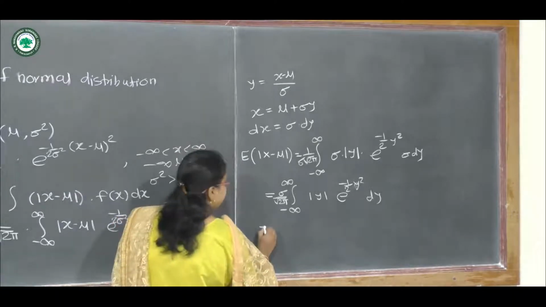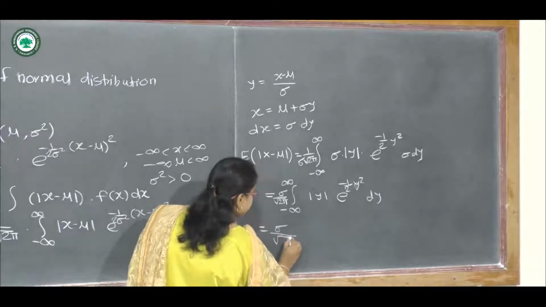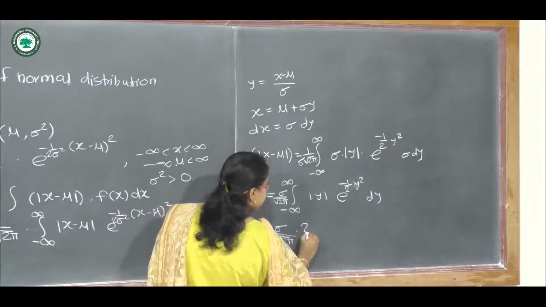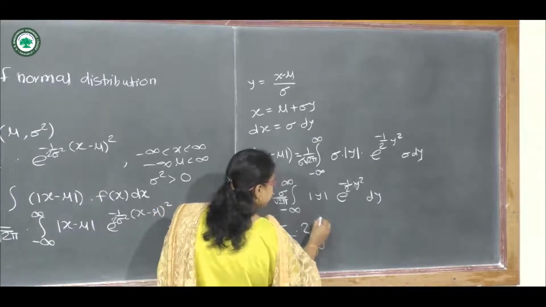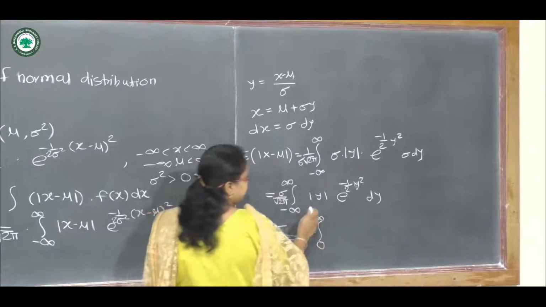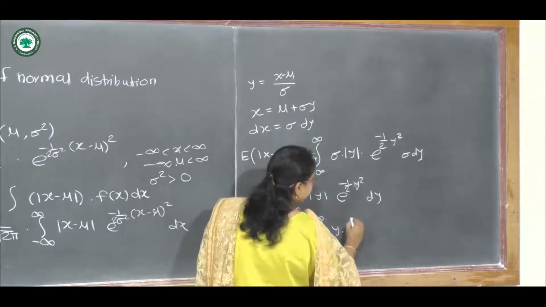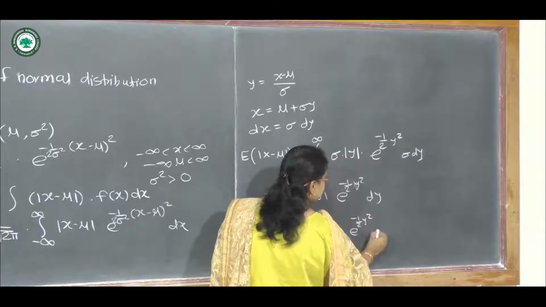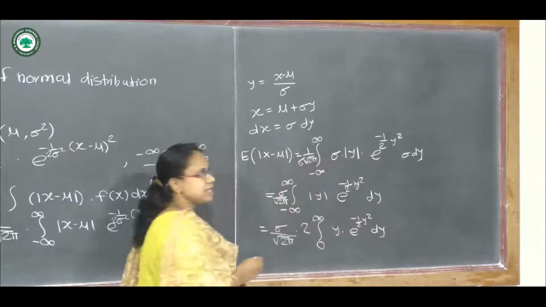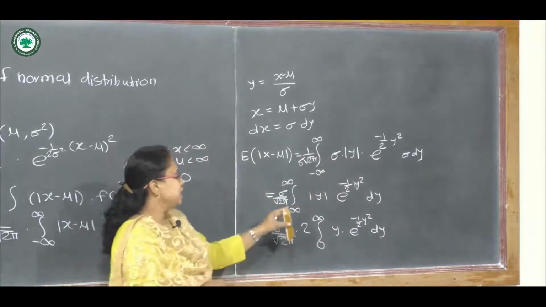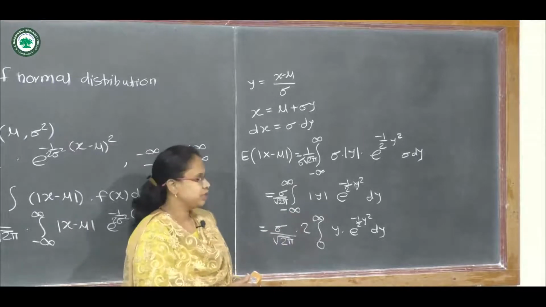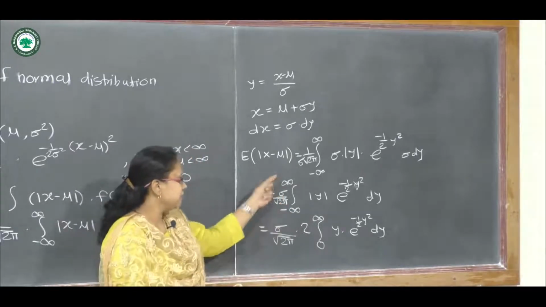So we can write 2 times integration from 0 to infinity of y e raised to minus 1 upon 2 y square dy. This is written because this integral part is even function in y for this range.